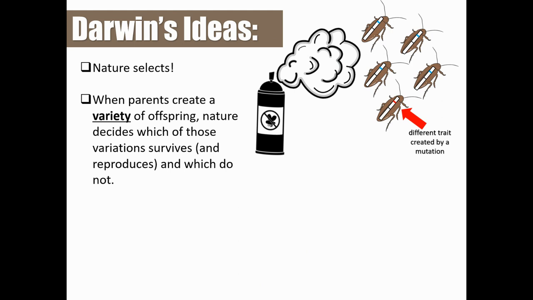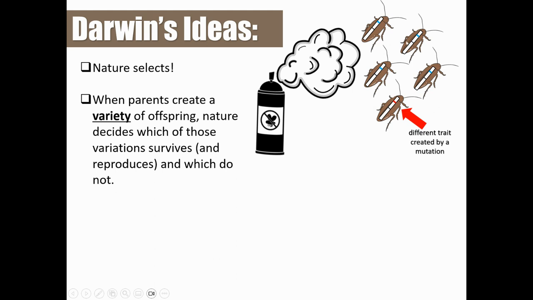So a great example of this would be pesticide resistance over time. Let's say we have a colony of roaches, and we can see the DNA here. We see the blue allele is the way that the DNA of the roach is supposed to be, but we have one mutation. So one roach has a mutated version of the DNA, and we've noted that with this red allele here.